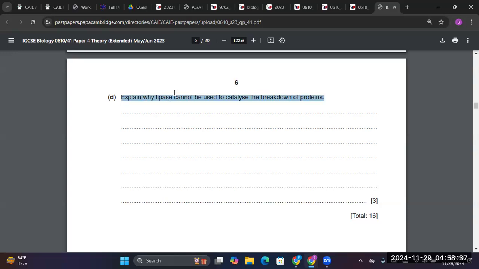The enzyme lipase is for lipids. So they are basically saying, why can we not use it to break down proteins? Once again, you need to talk about the active site, the shape of the active site, all of that. You can use the answer that I gave in the class as well. You can use my own wordings. I don't mind.